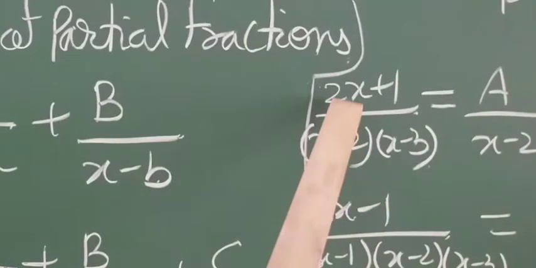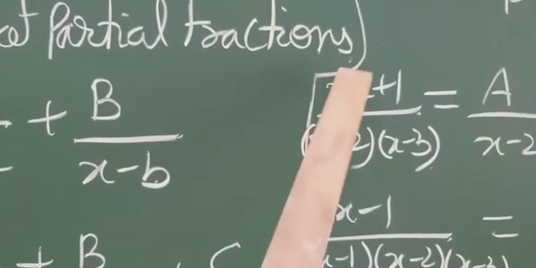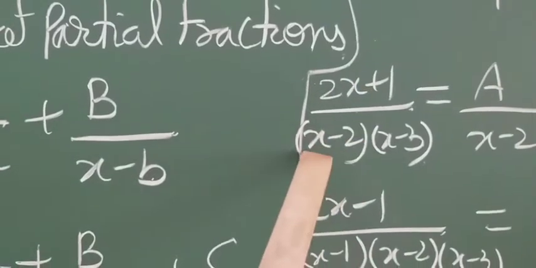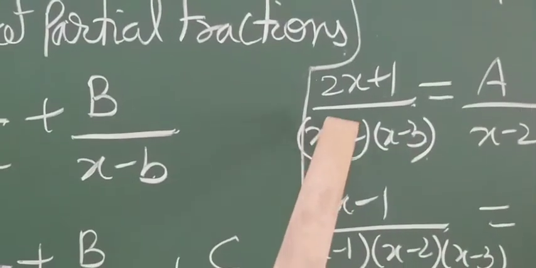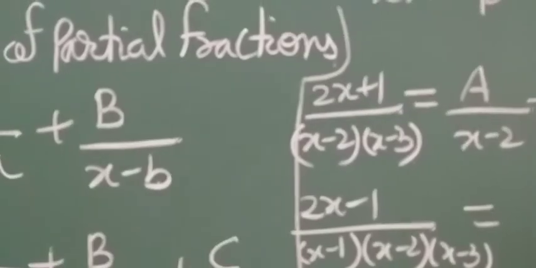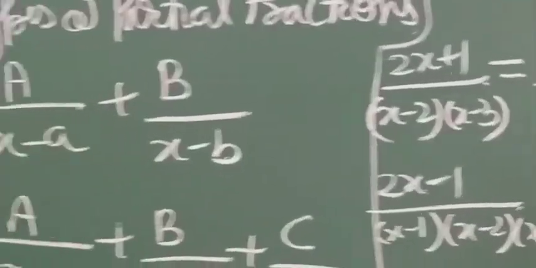If the degree of the numerator is 3 and the degree of the denominator is 2, then it is called an improper function.